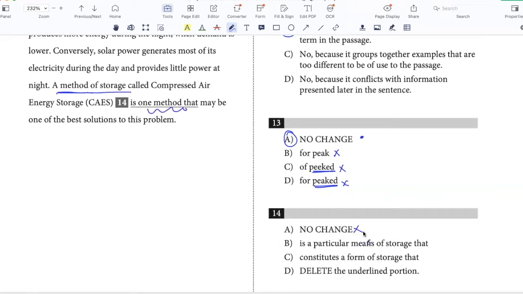So it's not A. Is a particular means of storage is already implied in the name, energy storage. So this is also repetitive. A form of storage is again repetitive. So the best answer would be to just delete it, and the sentence would read, a method of storage called CAES may be one of the best solutions to this problem.